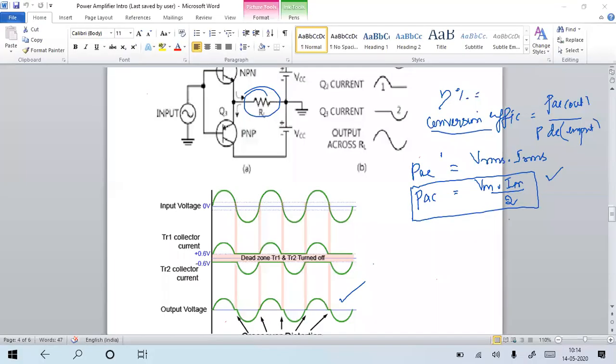Now Vm into Im by 2. How can we find the power DC? Pure power DC is not available, because we already know that when I eliminate the AC signal, your device completely goes to the off state.